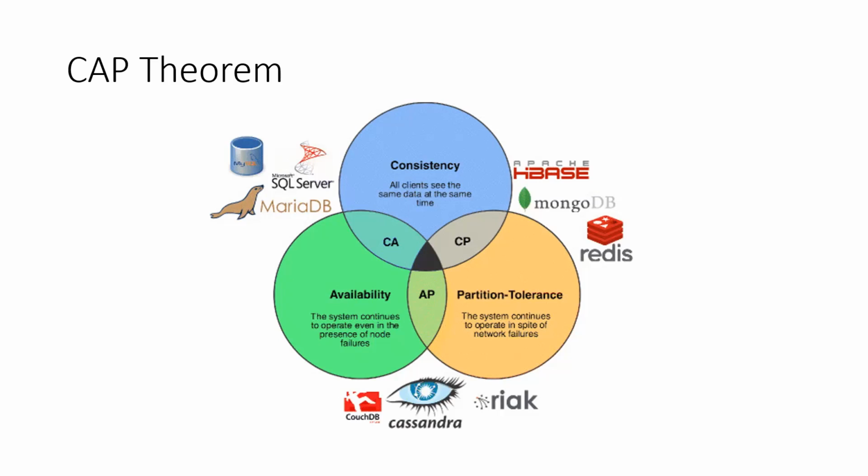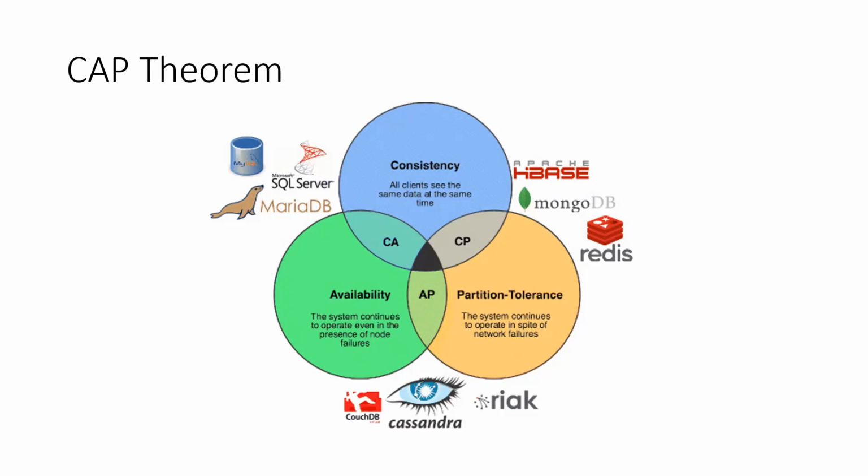And availability means that even if there is a failure, the system continues to operate. And partition tolerance means that even if there is a failure of different nodes, the system continues to operate.